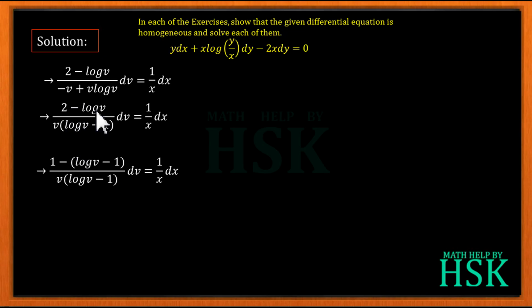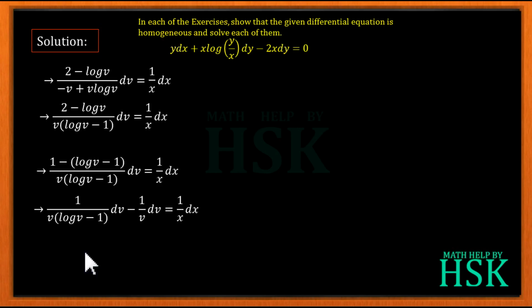So I was getting 1 minus log v, and from that I've taken the minus sign as common to obtain log v minus 1. Next, I'm going to divide 1 with v into (log v minus 1), and (log v minus 1) with v into (log v minus 1), to obtain 1 upon v into (log v minus 1) dv minus 1 upon v dv is equal to 1 upon x dx.